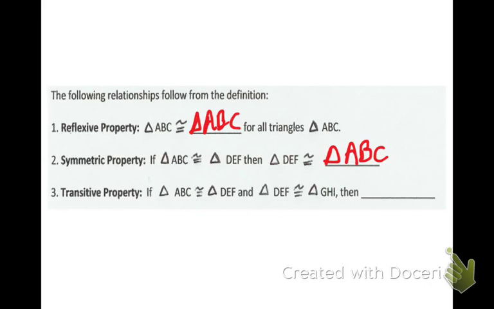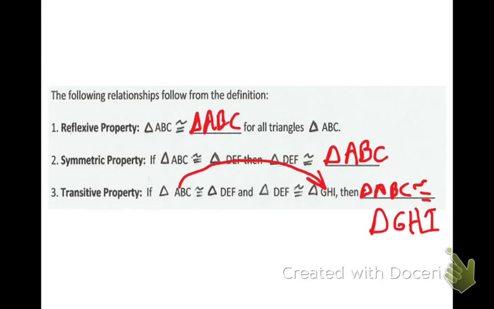The transitive property, we've had it before. Now we apply it to triangles. It's a chain. If triangle ABC is congruent to triangle DEF and triangle DEF is congruent to GHI, then we can say that triangle ABC is congruent to triangle GHI.